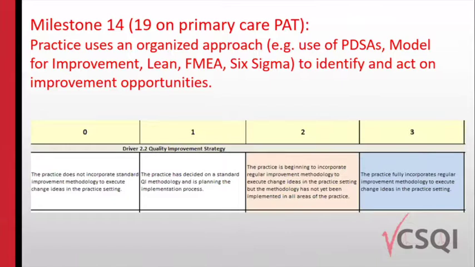For example, a lot of practices, even practices I've managed in the past, use Plan, Do, Study, Act, just because it's consistent with how a lot of us think and problem solve already. I have another practice that comes to mind, Hopedale Cardiology in Boston.